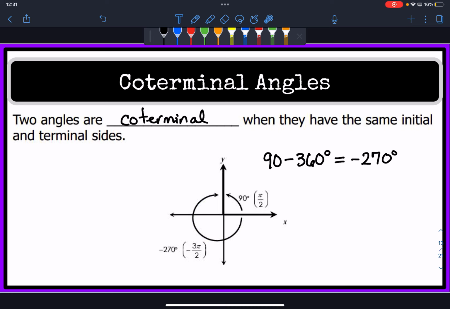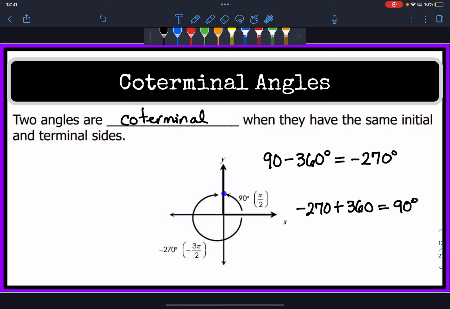The coterminal angle is going to be calculated by getting this negative rotation and moving in the opposite direction. So from here, I'm going to add 360 to rotate it counterclockwise, and that's going to add up to a total of 90 degrees. And there's an infinite number of coterminal angles because I could continue rotating in that direction.